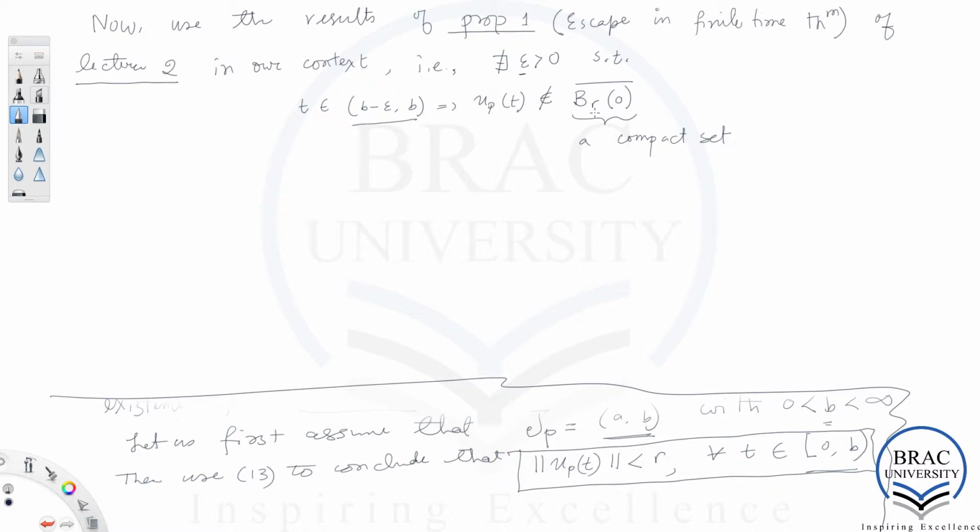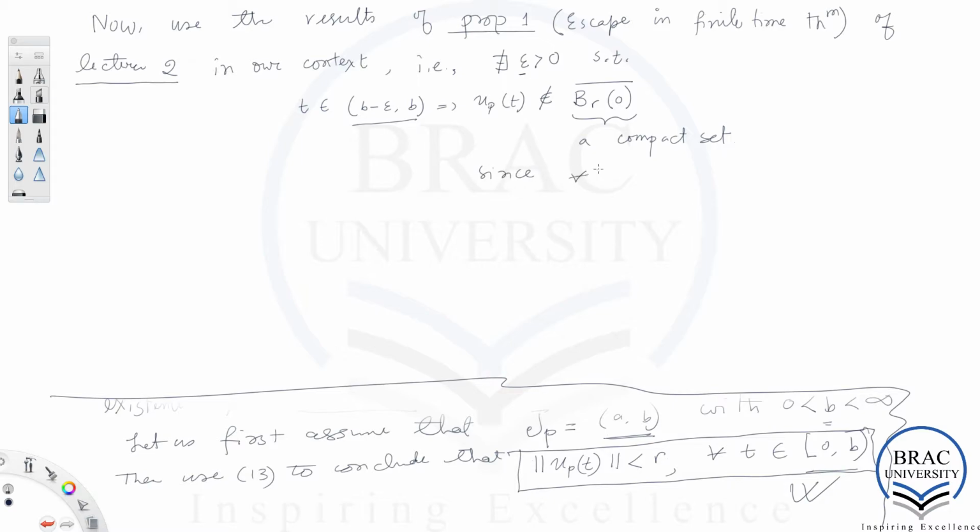Because from 13 we have already seen that the norm of UP of T is going to be strictly less than R for all T here. Since this holds, we will not be able to find such an epsilon. So let me write it here.